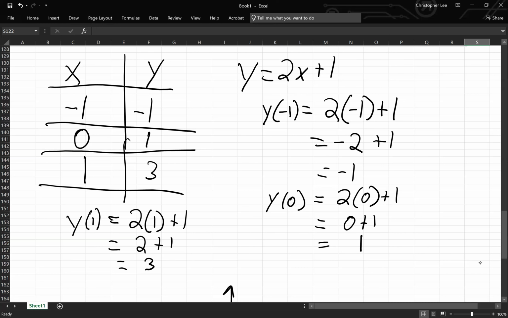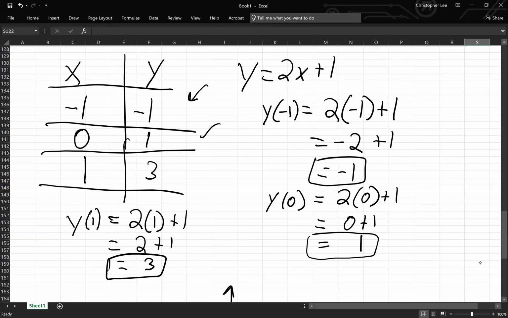The answers that I got out, the y values, those are all the y's that are in this column. And the x values, I chose that. I could have chosen anything. It didn't matter, but I wanted to choose something simple.